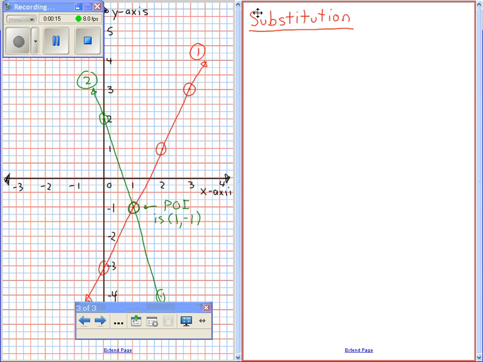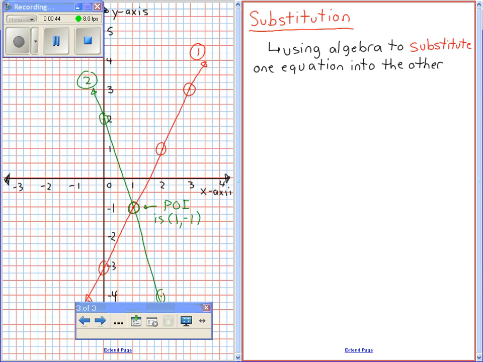Substitution is using algebra to substitute, keyword, one equation into the other, and solving for x and y.